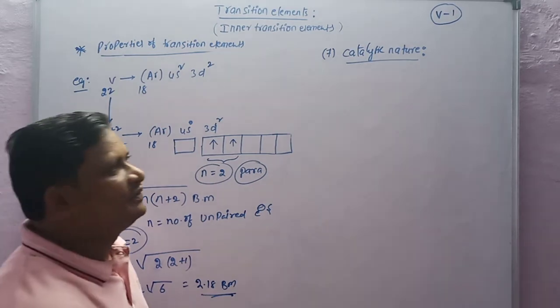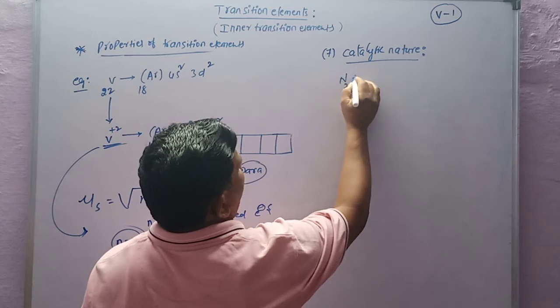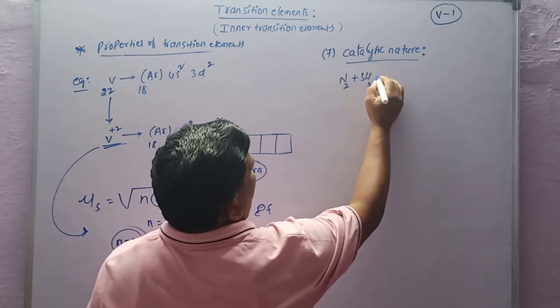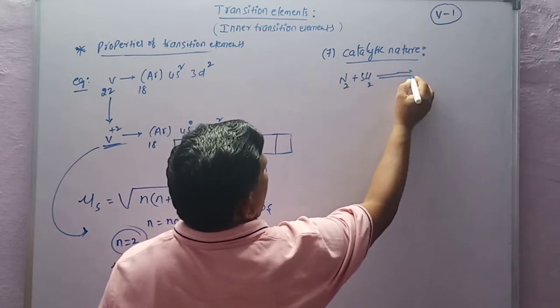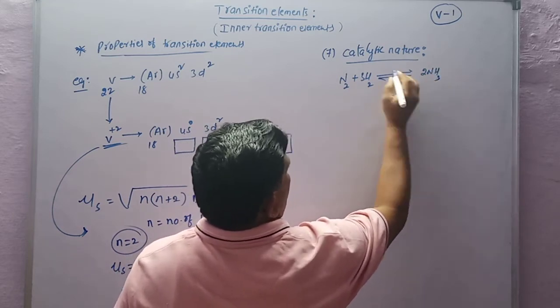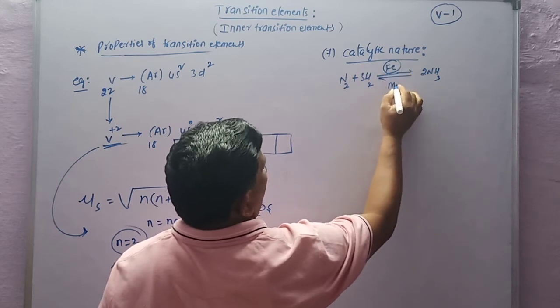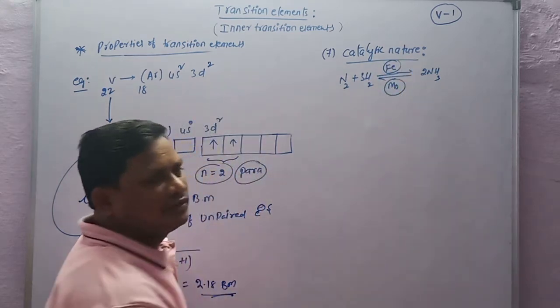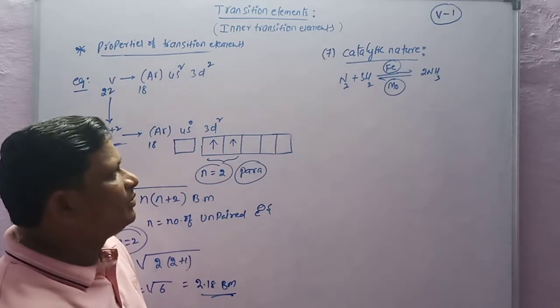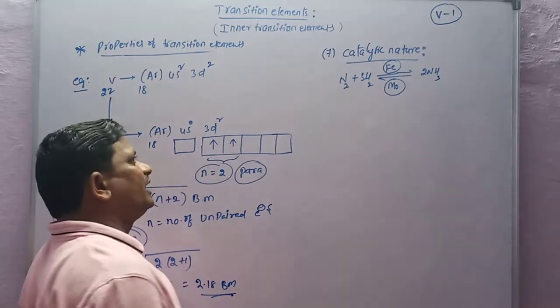The best example is the manufacture of ammonia by Haber's process. In this process, iron Fe acts as a catalyst and molybdenum acts as a promoter. The promoter increases the activity of the catalyst.